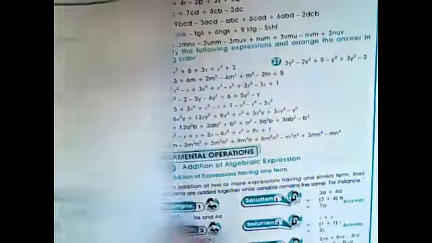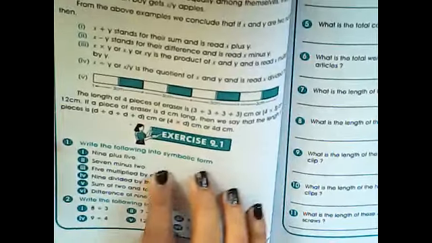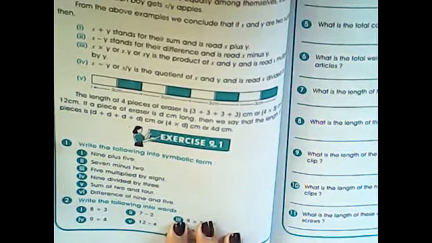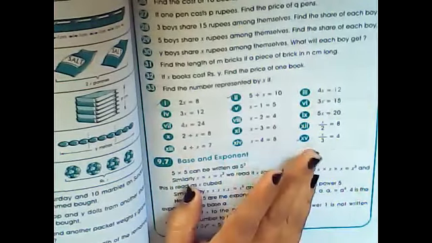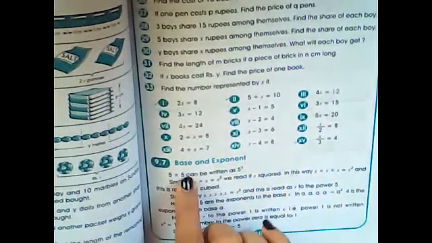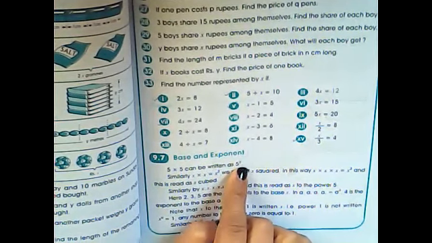Now move on to the algebra section. Just suppose this is your algebra section. Again, this type of question: write the following into symbolic form, write the following into words. This type of questions, or find the value of x, base and exponents. 5 multiplied by 5 can be written as 5 raised to the power 2.